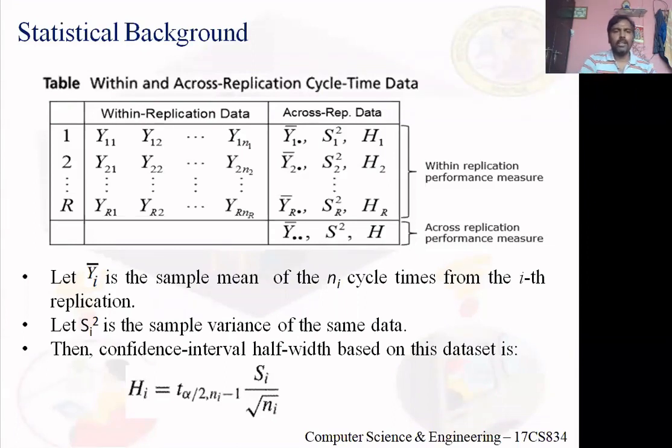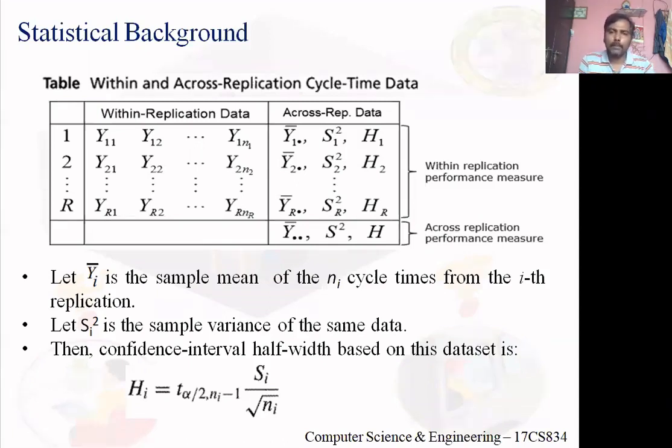The first column in the table represents a run: 1, 2, up to R, that is totally R runs. Look at the second column, first row: Y11, Y12, up to Y1N1. In the case of the first run, let N1 be the sample size; in the second run, N2; in the Rth run, NR.